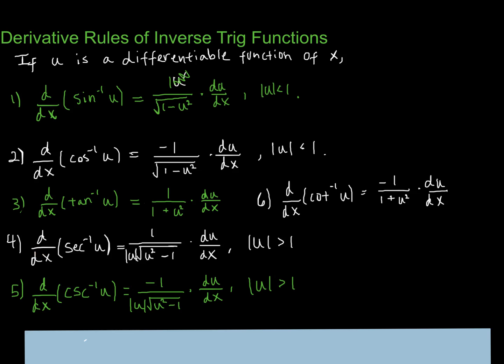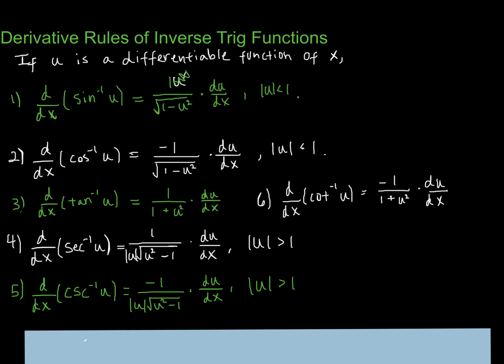The derivative of inverse secant of u is 1 over absolute value of u times the square root of u squared minus 1 times the derivative of the inside function, or derivative of u with respect to x. Notice again that the absolute value of u is constrained, it has to be greater than 1. If it's less than 1, I'll get a negative in here, and that will be an imaginary slope, and I don't want that.